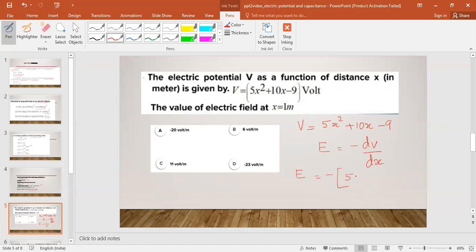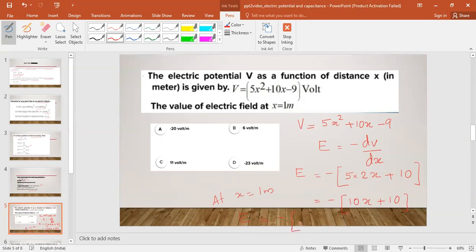That is 5 into 2x plus 10, so E becomes minus of (10x plus 10). At x is equal to 1 meter, the electric field E is equal to minus of (10 into 1 plus 10), so that is minus 20 volt per meter. So the answer is option A, minus 20 volt per meter.